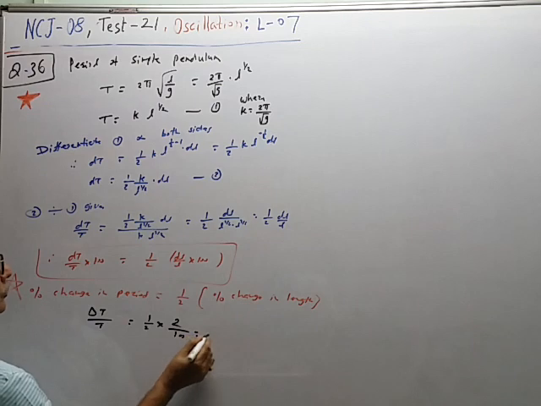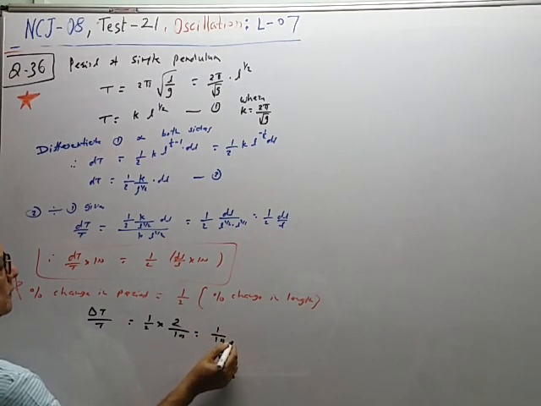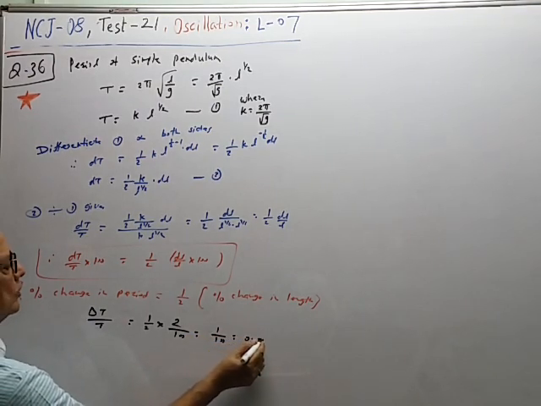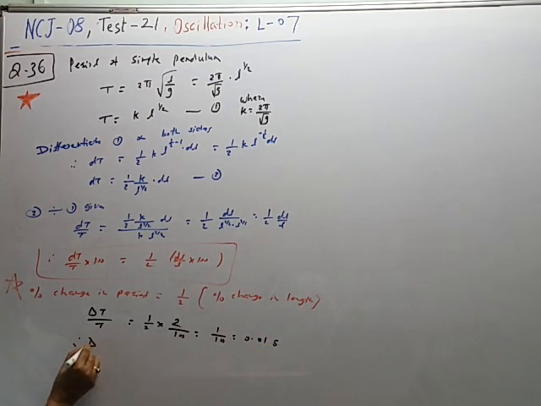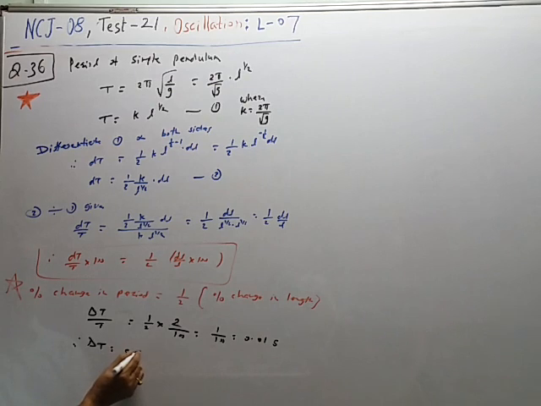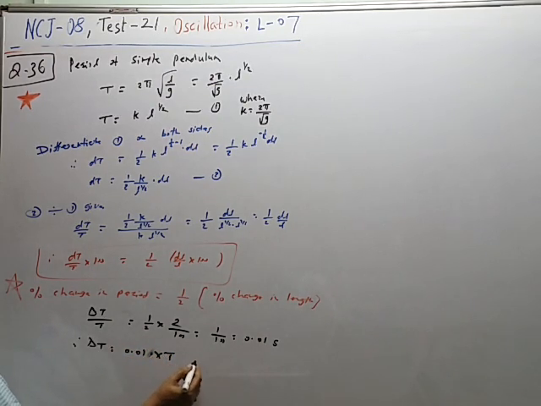So 2 upon 100, so that is equal to 1 upon 100. That is equal to 0.01 second. Therefore, delta T is equal to 0.01 multiplied by capital T. So this is equation 3.